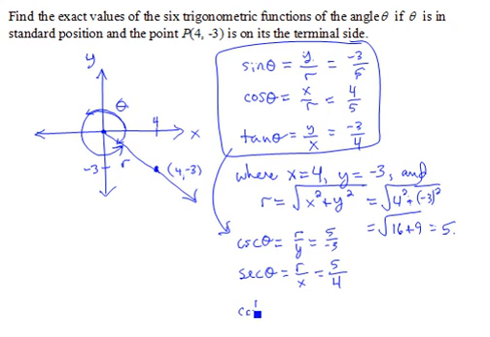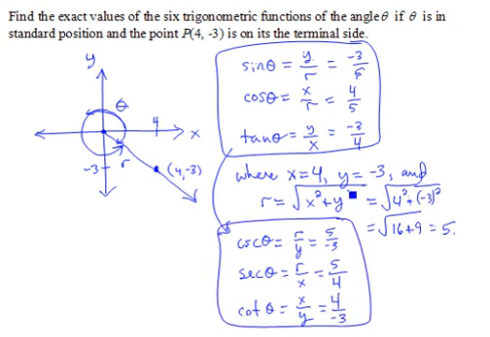And the cotangent of theta is the reciprocal of the tangent, that's x over y, which is 4 over -3. So the first 3 trig functions, and the second 3 trig functions, give us all 6 trig functions associated with the angle theta whose terminal side contains the point (4, -3).